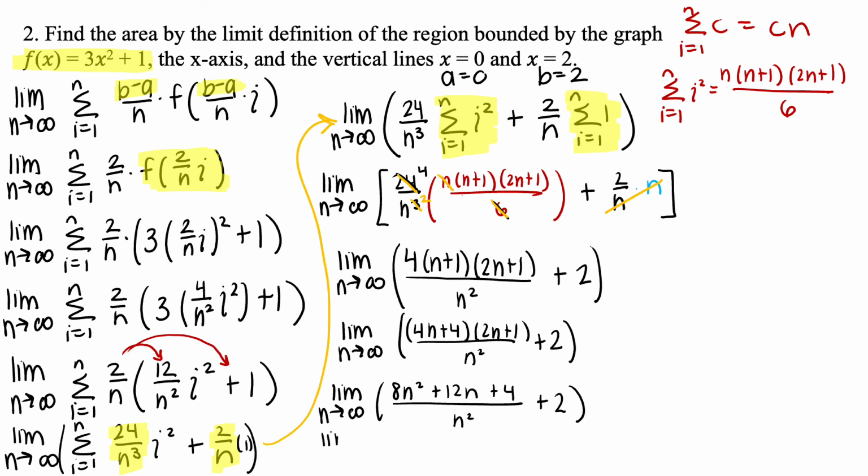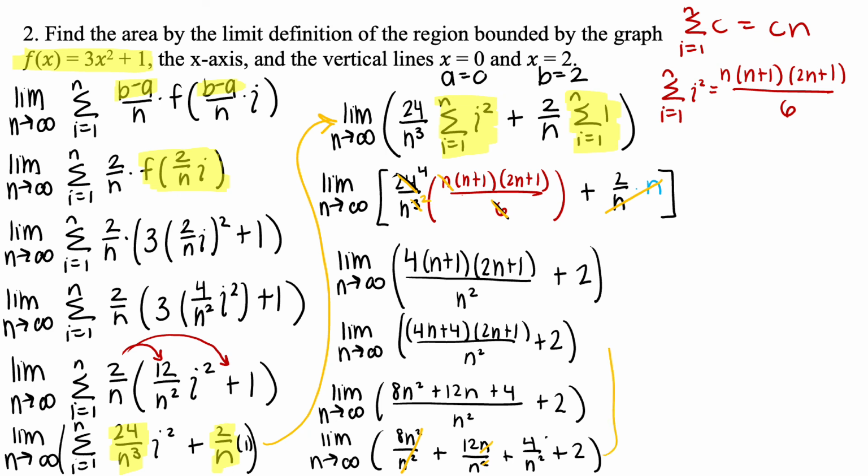Now because I have more terms in my numerator than my denominator, I'm actually going to split this fraction. So I have the limit as n goes to infinity, splitting this as 8n squared over n squared plus 12n over n squared plus 4 over n squared, plus 2. Canceling what I can, n squareds cancel out, 12n cancels with 1 n, and then I'm left with that 4. I'm running out of room, but we're almost done.